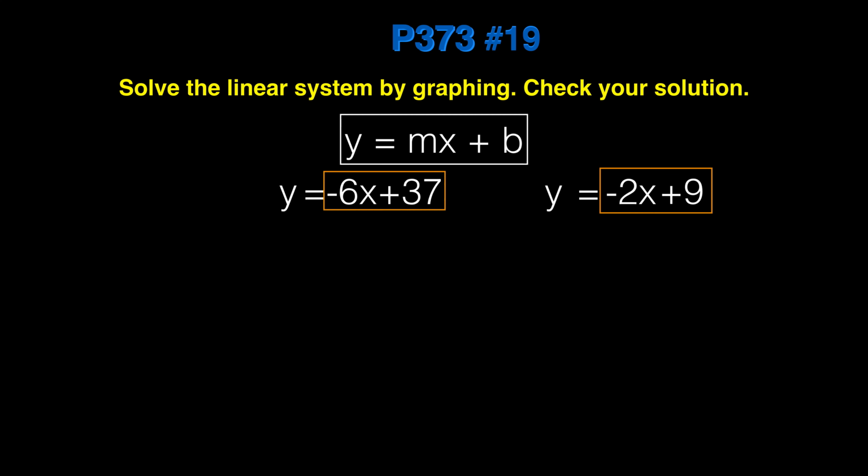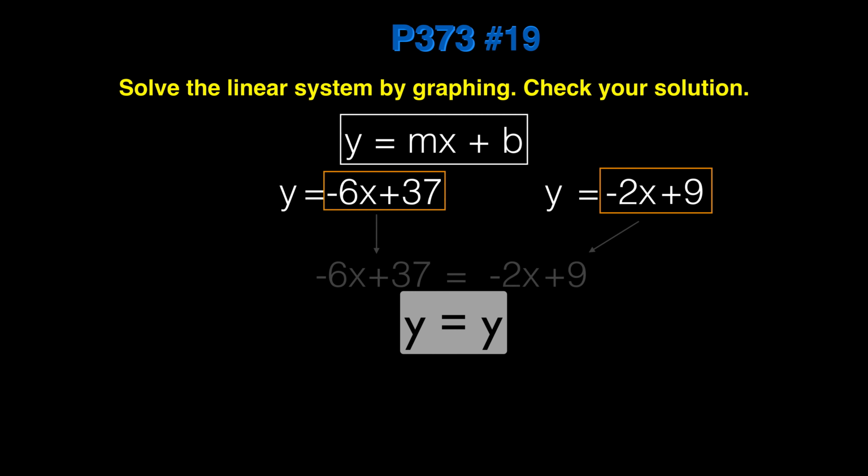You'll notice that we have y equals some term on the right-hand side, so we know what y equals now, and for each equation it equals something a little different. But we know that y is the same variable for both of these equations, so we can pit these together. Since y equals y, we can say that the terms on the right-hand side also equal each other.